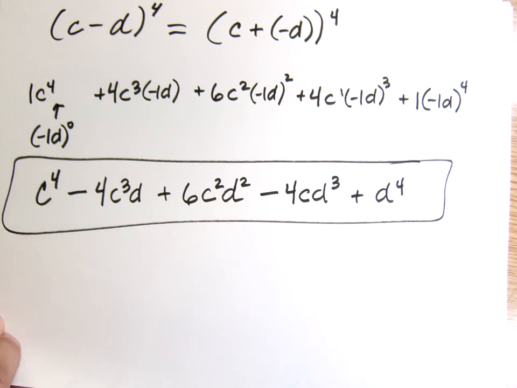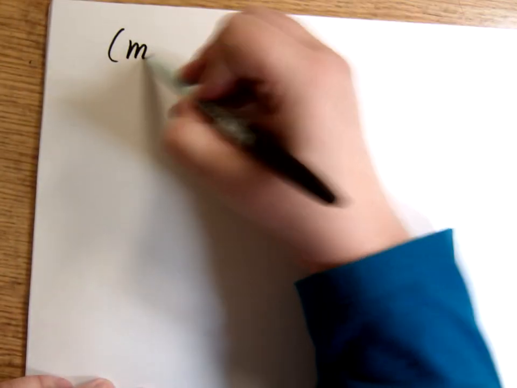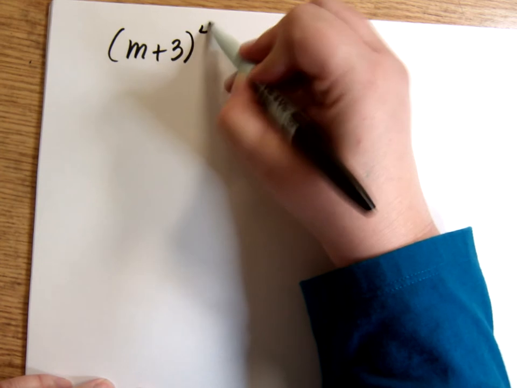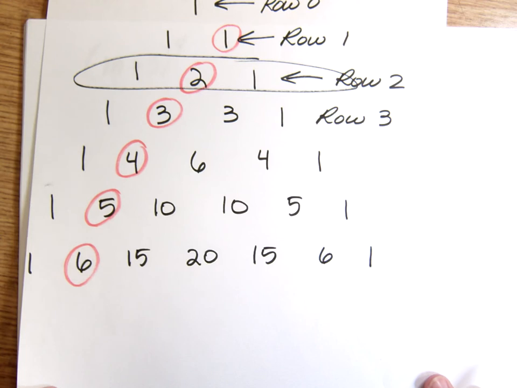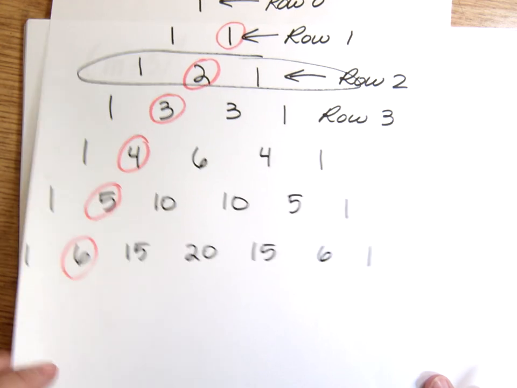Okay, next question is, what if I got a number instead of a variable? Let's look at this. Well, these pretty numbers that we're getting out of Pascal's triangle will still be there, but we won't see them. Let me show you what I mean.